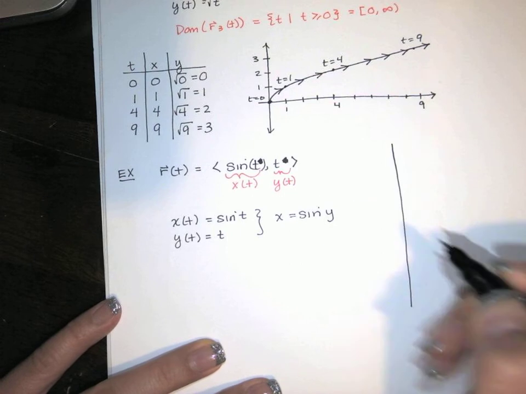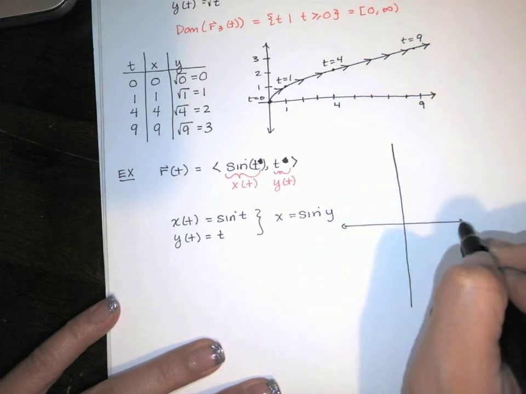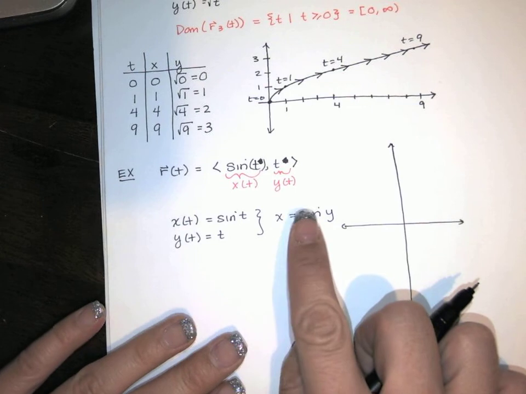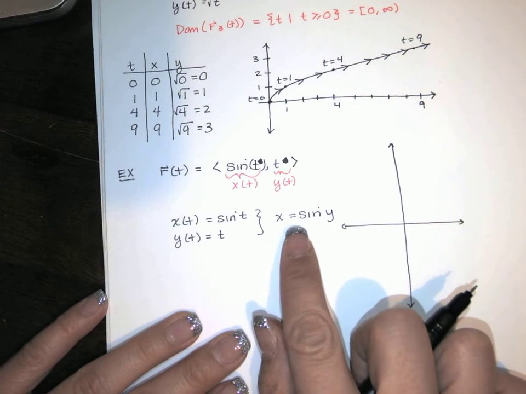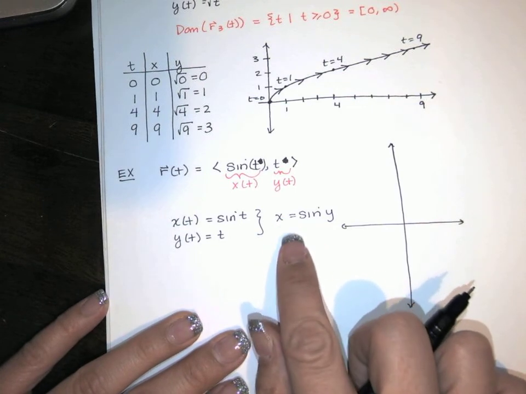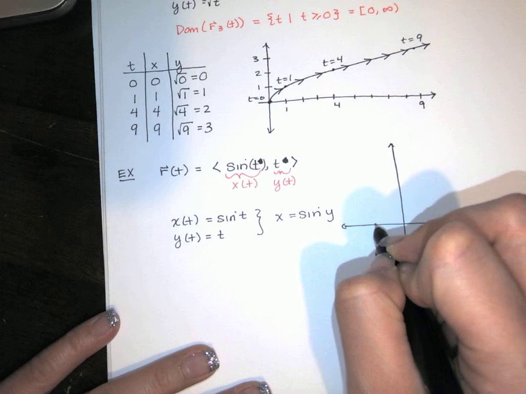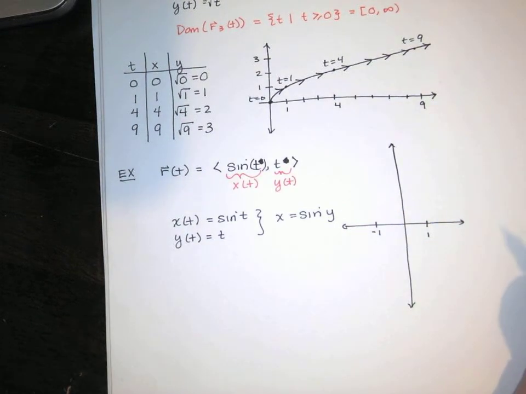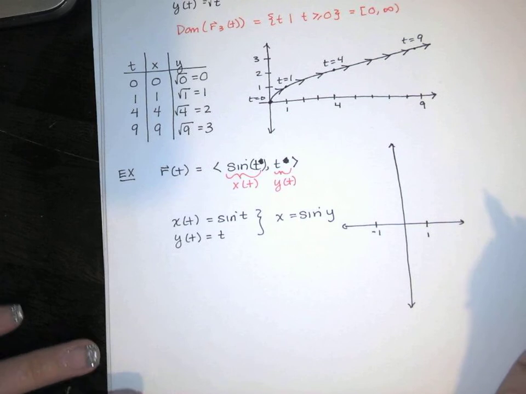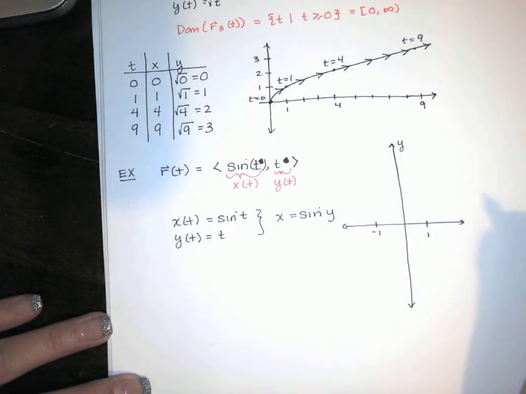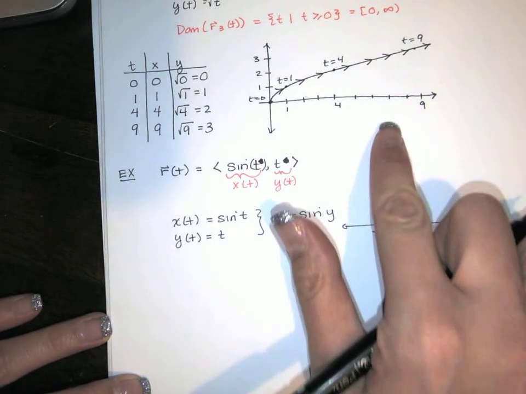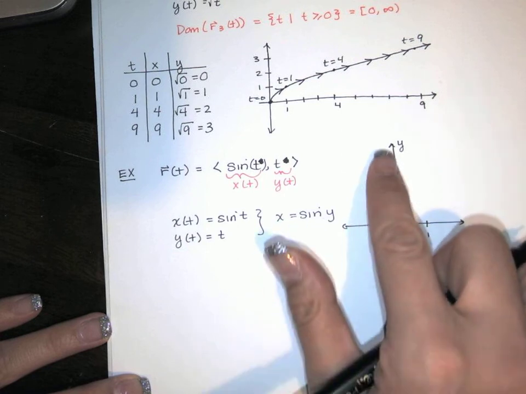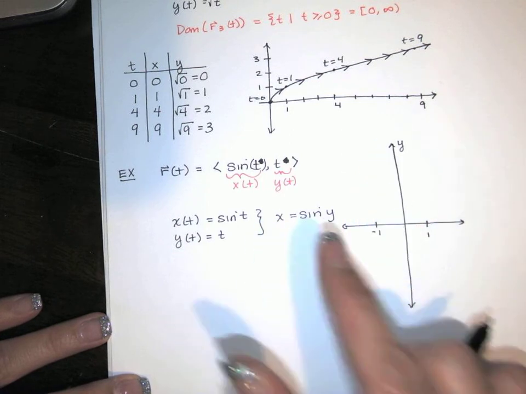So let's see what this would look like. Well, we know first of all that sine is always going to give us numbers between -1 and 1. So the x values on this curve are between -1 and 1. Then we're just going to graph a sine wave. It's going to look a little different because y is our independent variable, and x depends on y.